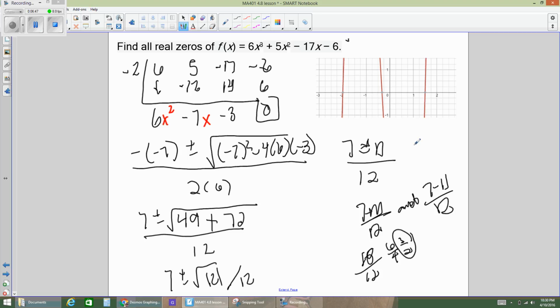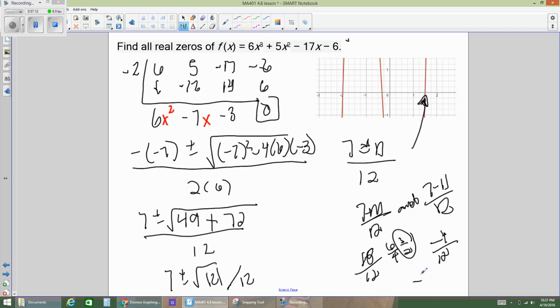So sure enough, that point right there would have been 1.5. I thought so, but I really didn't want to do synthetic division with a decimal. And then 7 minus 11 is negative 4. So I have negative 4 over 12. 4 goes in there 3 times.